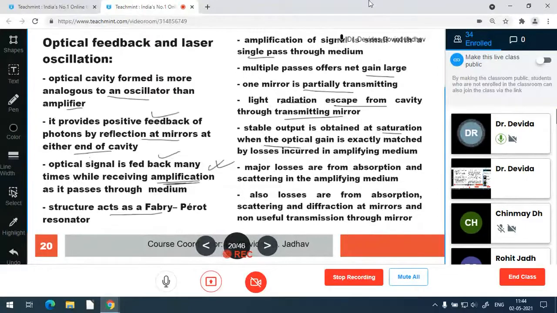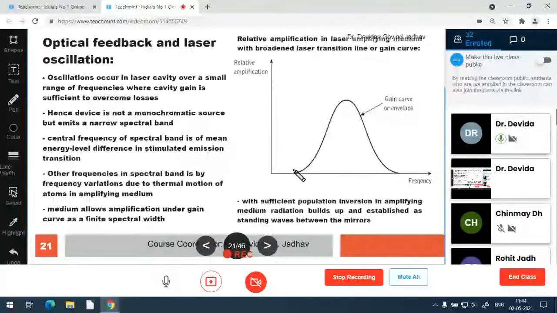When the optical gain exactly matches the losses in the amplifying medium, saturation occurs and stable output is obtained. So losses are matched by the gain. What are the losses in the amplifying medium? The absorption and scattering of the amplifying medium are losses. Also losses are diffraction at the mirror and non-equal transmission through the mirrors.